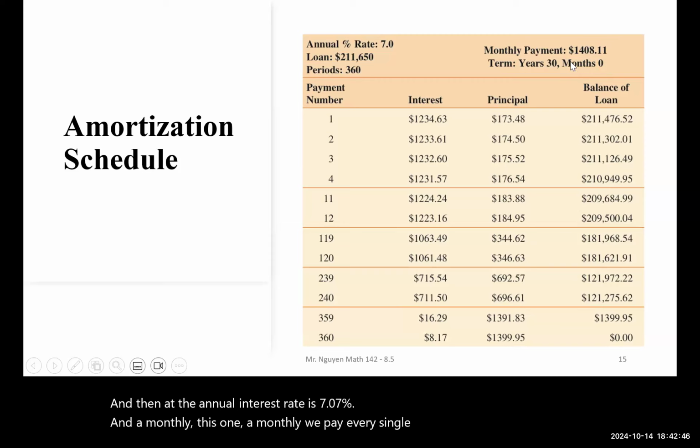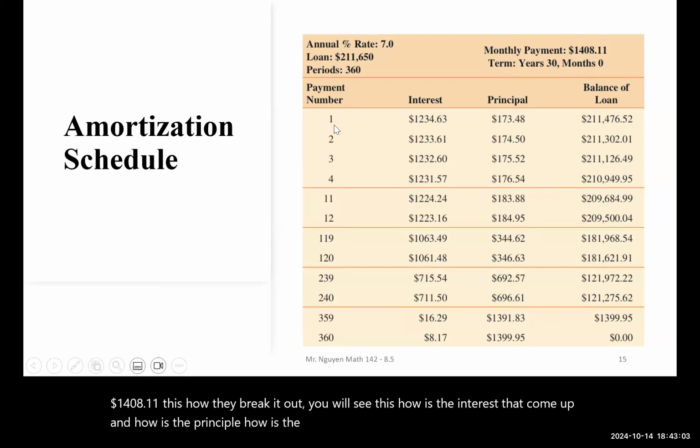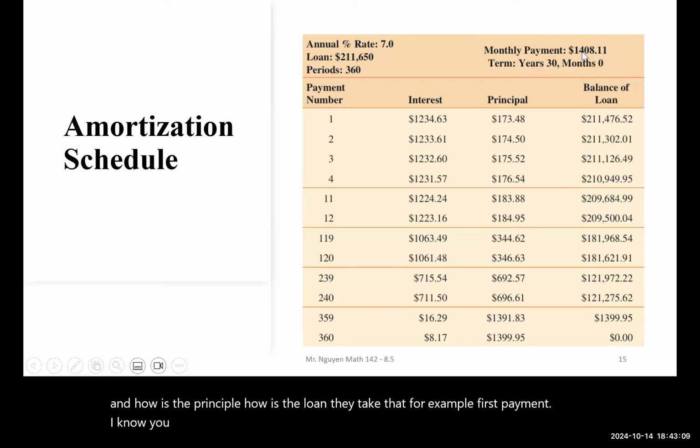And the monthly payment, which we pay every single month, is $1,408.11. This is how they break it out. You will see how the interest comes up, and how much is the principal, the loan they take out. For example, the first payment: you pay $1,400 plus.